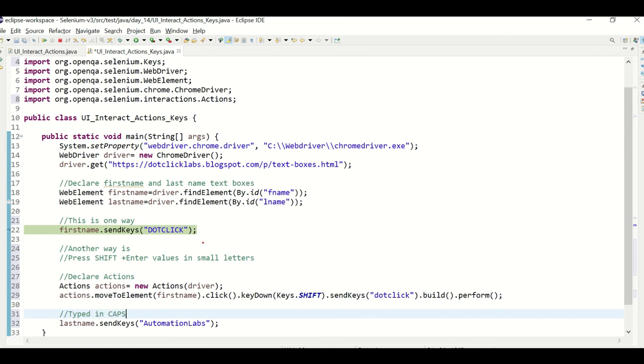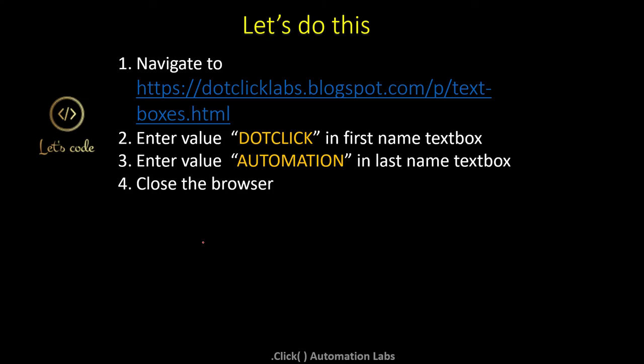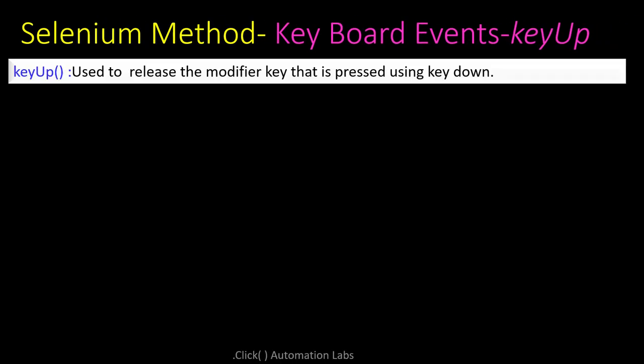It typed in caps because key down is still active. So to make it inactive, you need to use keys up, keys dot shift, so that whatever key was pressed and held will be released. So this is how we work with key down.